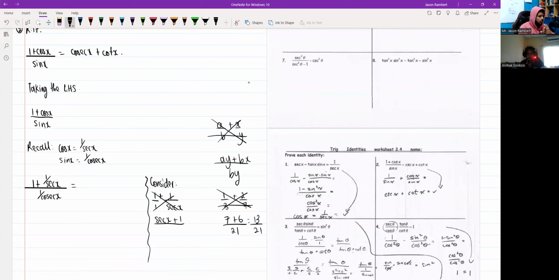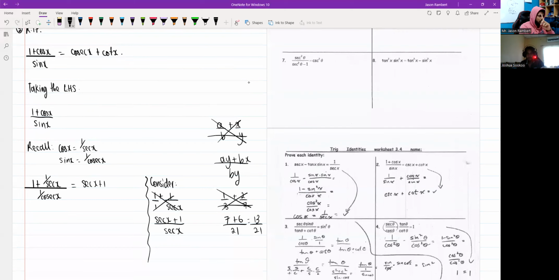Yeah? So my numerator turns out to be (sec x plus 1) all over sec x. And because my denominator is a fraction, only because it's a fraction, I'm not going to put divided by over here. Instead, I'm going to put divided by 1 over cosec x.